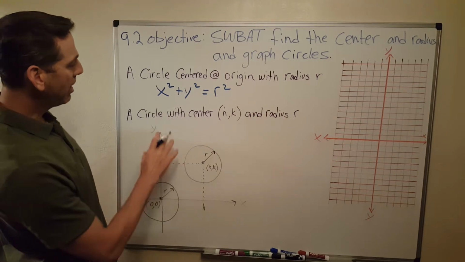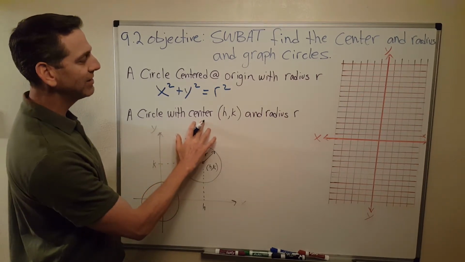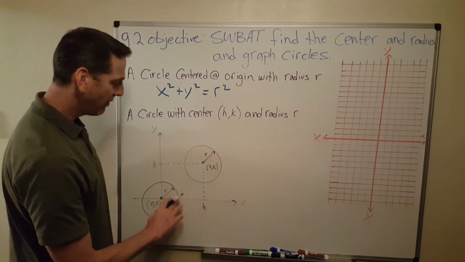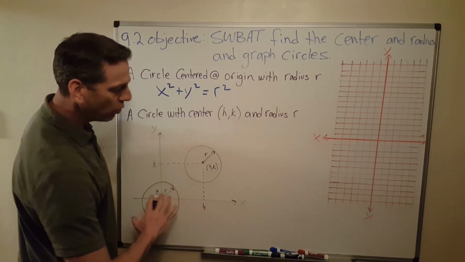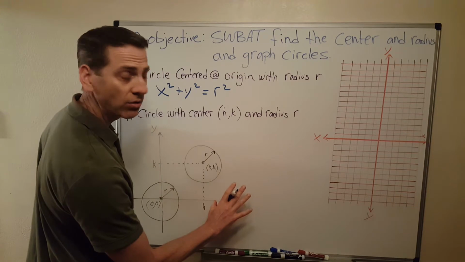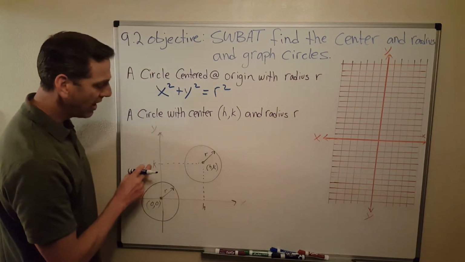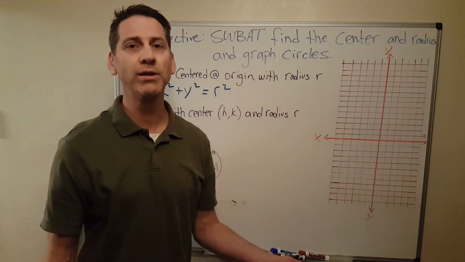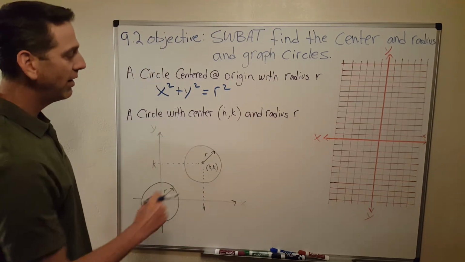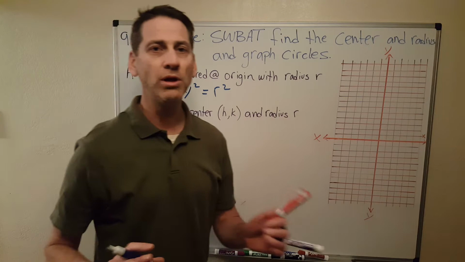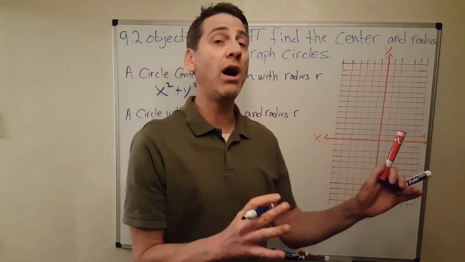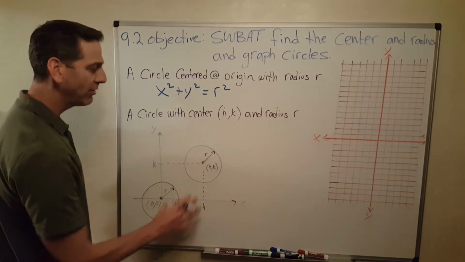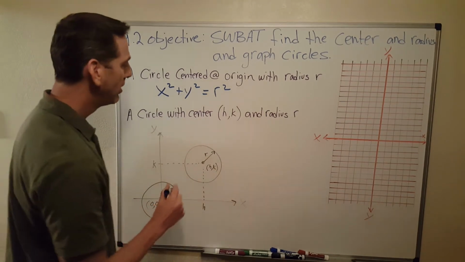Now if you have a circle that has a center (h, k), think of h as the horizontal shift of the circle, and think of k as the vertical shift, just like when we did the parabolas. If you have some circle that's been shifted off of the origin, it could go anywhere, so we're just going to call it (h, k).